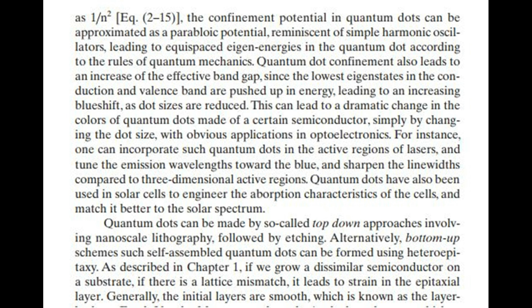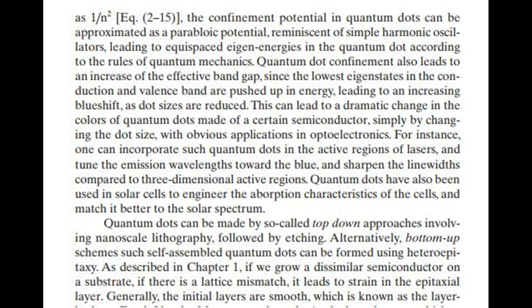Quantum dot confinement also leads to an increase of the effective band gap, since the lowest eigenstates in the conduction and valence band are pushed up in energy, leading to an increasing blue shift, as dot sizes are reduced. This can lead to a dramatic change in the colors of quantum dots made of a certain semiconductor, simply by changing the dot size, with obvious applications in optoelectronics.